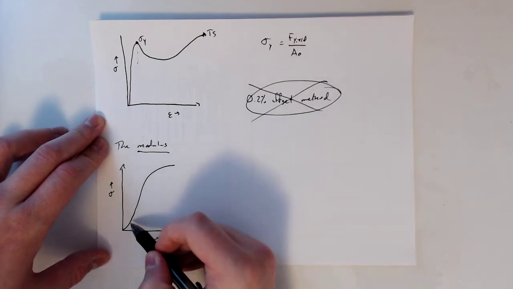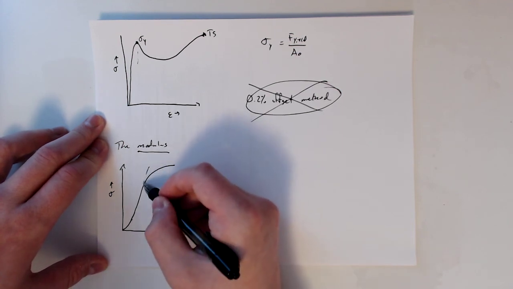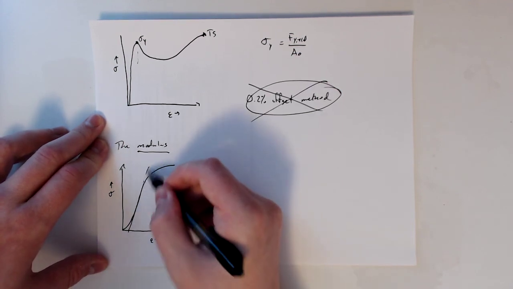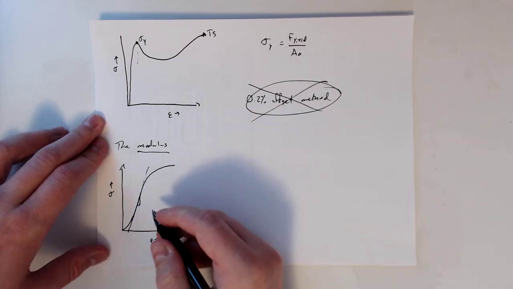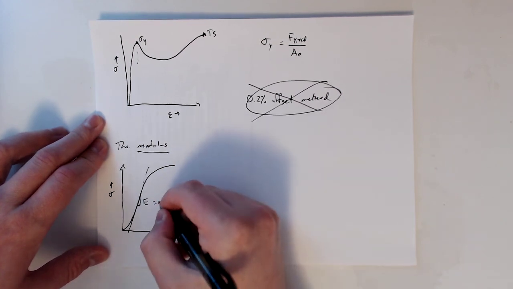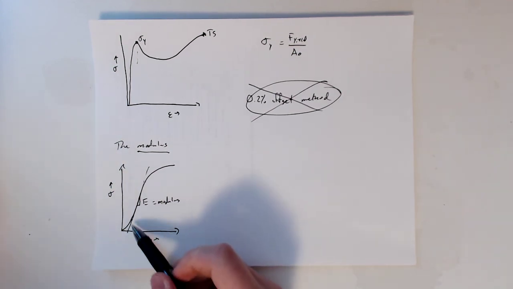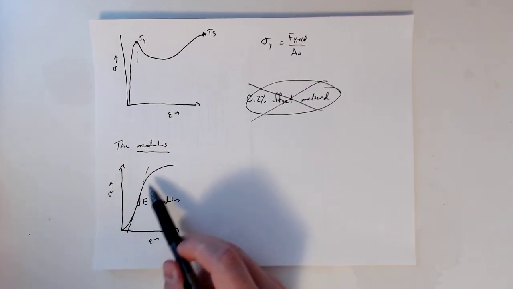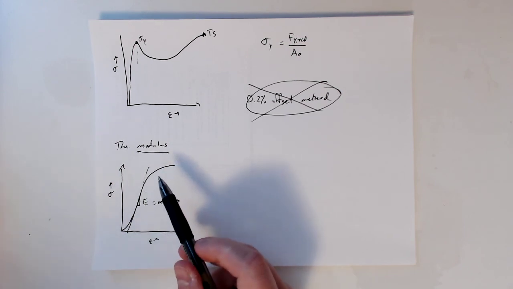In a lot of cases, we'll have what's known as this little toe region down here, and then we'll have yielding. But you'll notice in between, in this region, we have a linear elastic portion, right? And so we can basically take that slope, and that's our modulus. So a very similar way. But oftentimes we'll have this little toe down here, and a lot of times it won't look super nice and linear like it does in metals.